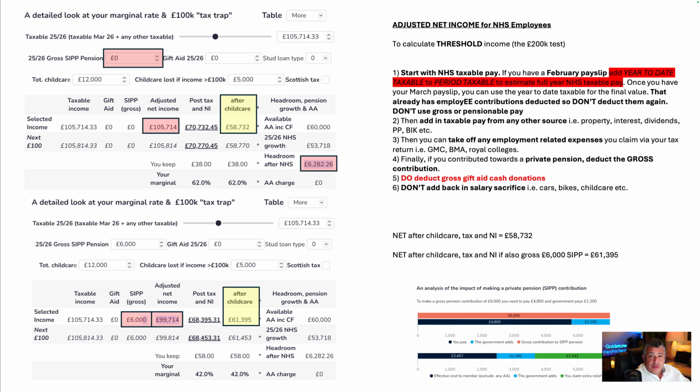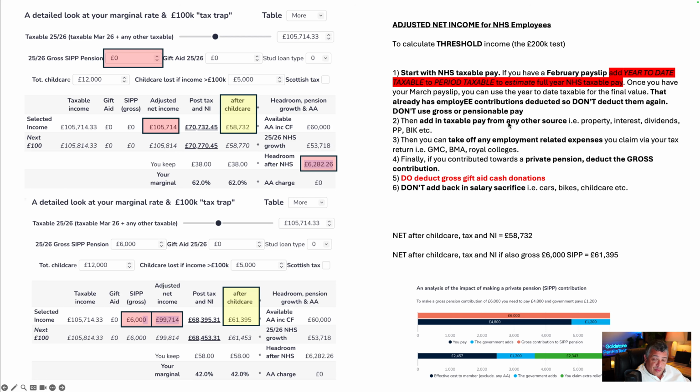So now moving on to adjusted net income, and adjusted net income is very similar to threshold income. So we would have done all of those initial steps by adding the year-to-date pay and the period taxable pay on a February pay slip to estimate the taxable pay. As before, we've already deducted employee contributions from that, so do not deduct those again.